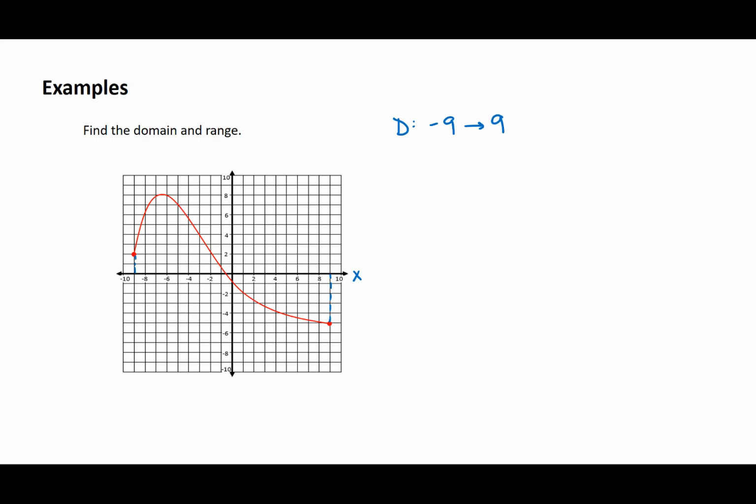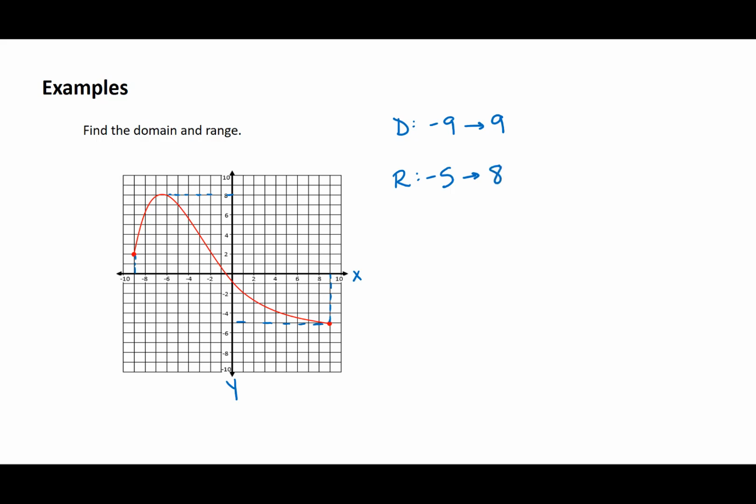Then we do the same thing with our range. So range are my y values. So I'm going to be looking at my y-axis. The lowest or smallest y value, you see here, to be -5. And the highest and largest would be here at 8.